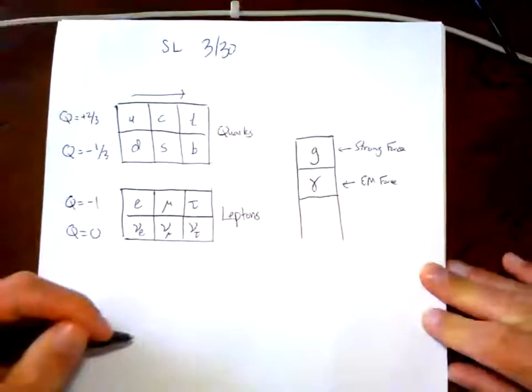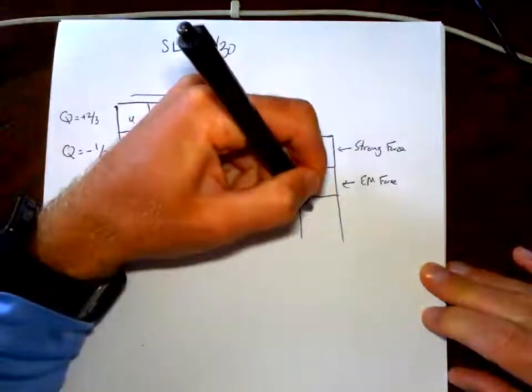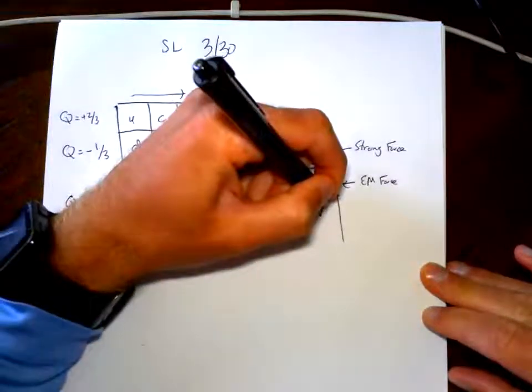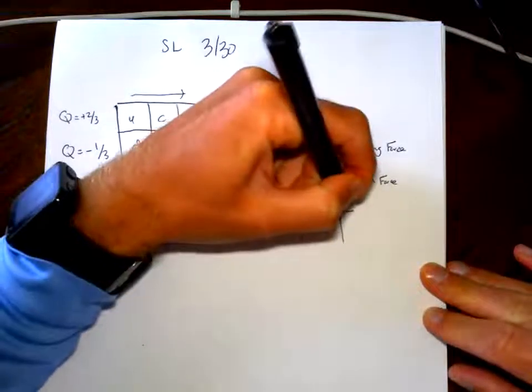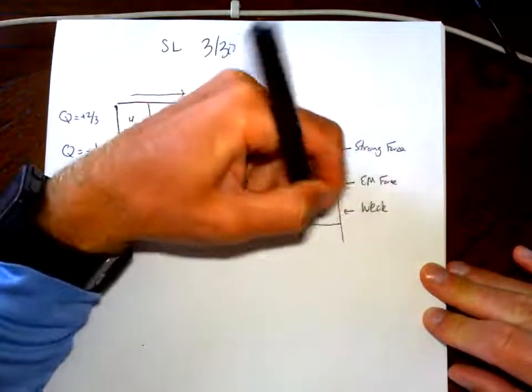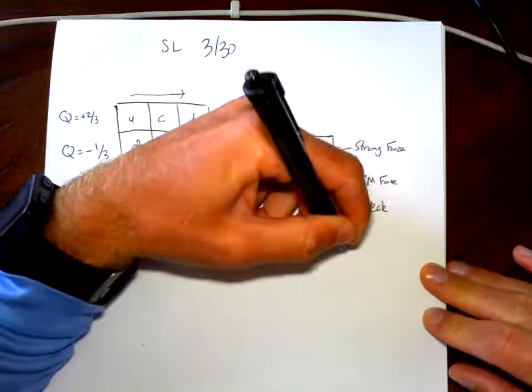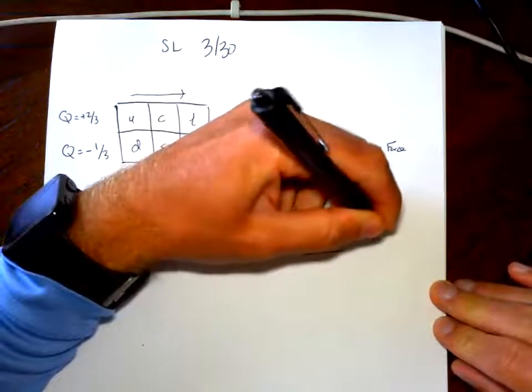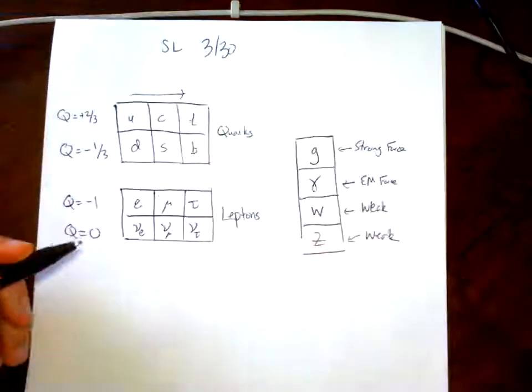There is the W boson, which is one of the force carriers for the weak force. There is the Z boson, which is one of the force carriers for the weak force. And then there's the graviton.